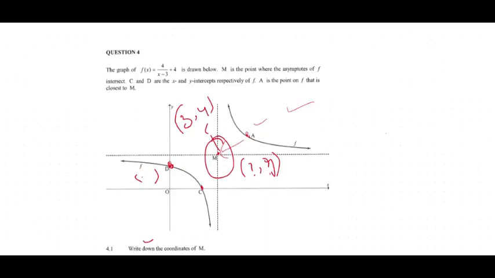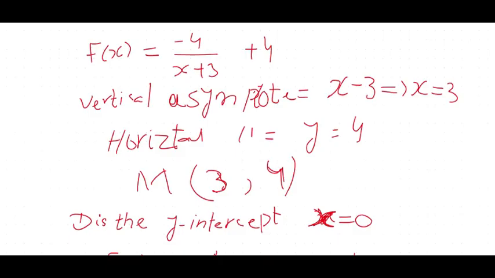So what is the next question? In 4.3: if y equals x plus t is the equation of the line of symmetry of f, calculate the value of t. How do we calculate t? The line of symmetry passes through the intersection of the asymptotes.